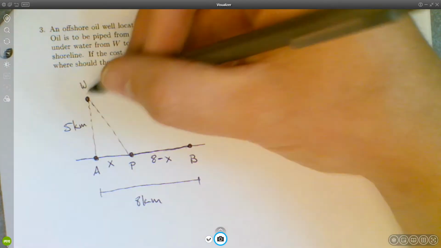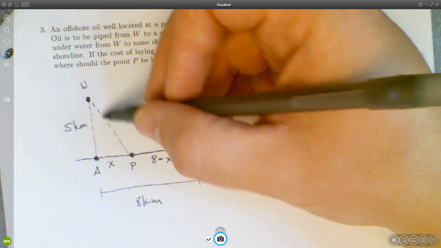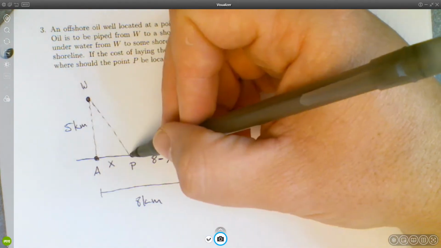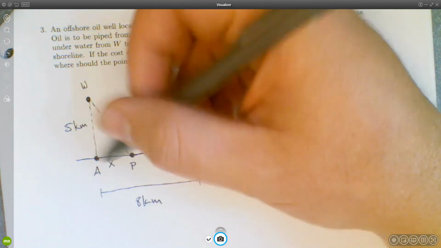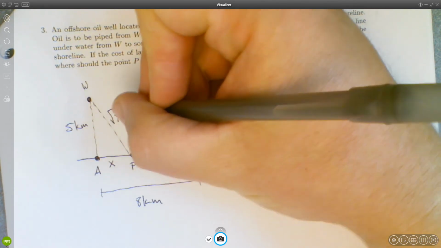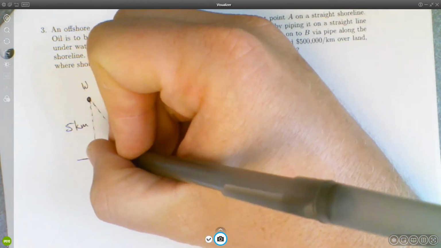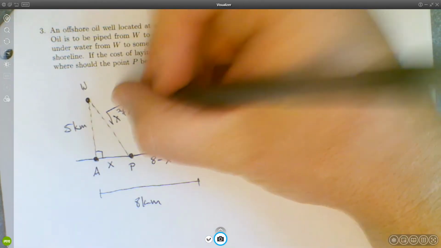Now, what about this distance? Well, we can use Pythagorean theorem, right? We know that leg squared plus leg squared equals hypotenuse squared. So the hypotenuse is the square root of x squared plus 25. Right? Just using Pythagorean theorem. Okay? Good.